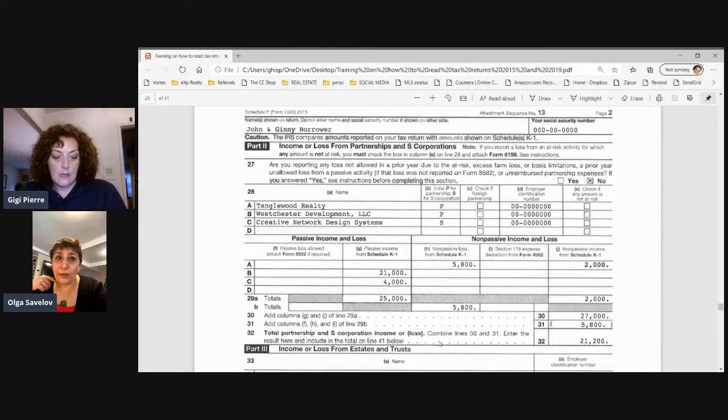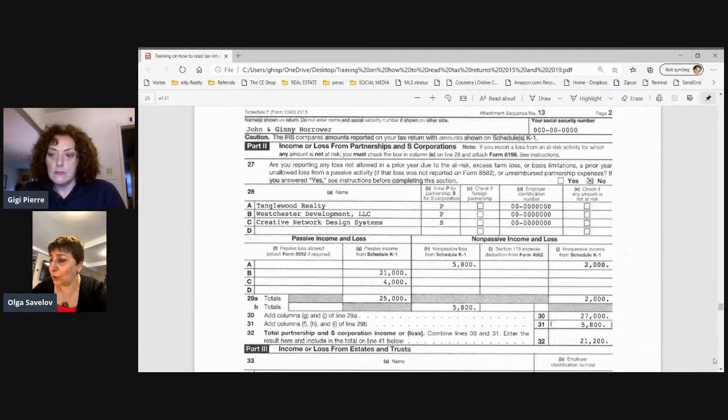How would we know? We're going to take a look at whether business distributions were given throughout the year. If the person did not take money out of the business, then we're going to analyze if the business was able to pay the client. If the answer is no, even though you show the income of 21,200, it might not be usable at all. So it gets very complicated on self-employed income, how much income we can or cannot use.